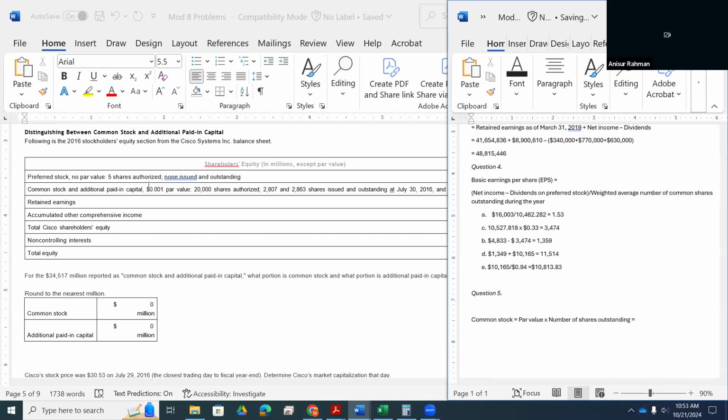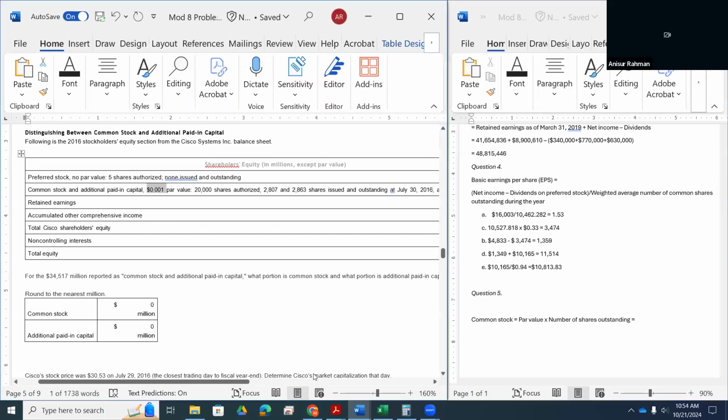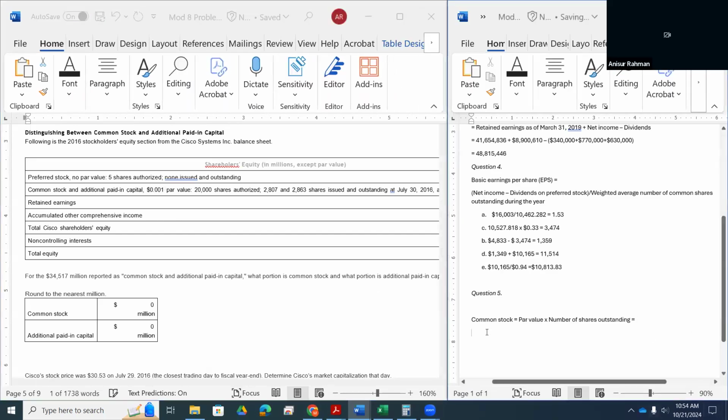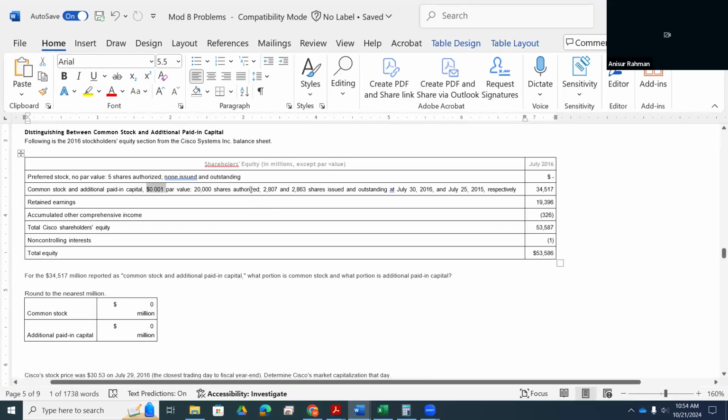So our par value is this amount multiplied by, so we have par value, 20,000 shares authorized, shares issued and outstanding at July 31, 2016, July 25, 2015 respectively.